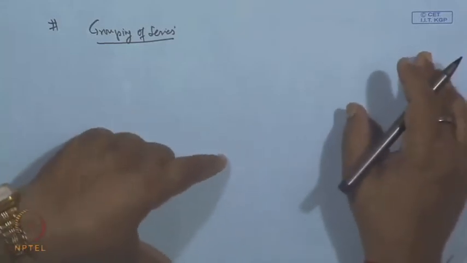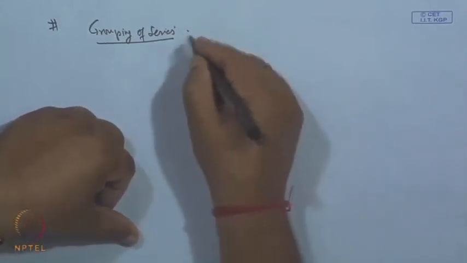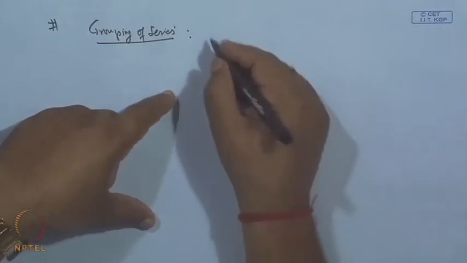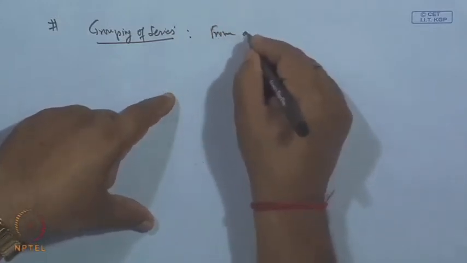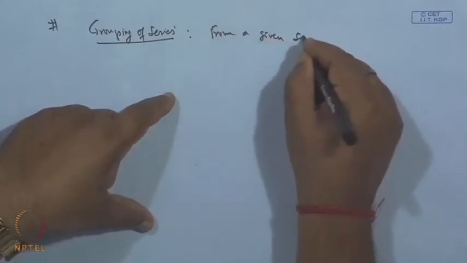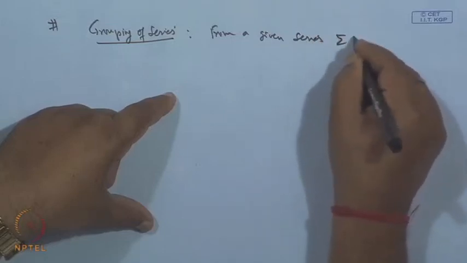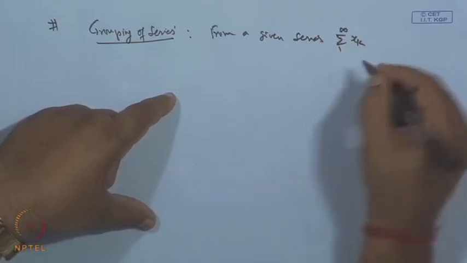By grouping of the series we mean, suppose a series sigma xk, k from 1 to infinity, is given.